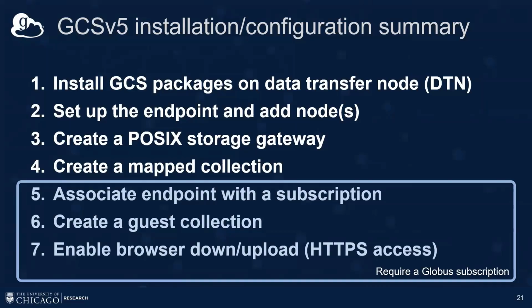If you have a subscription, you can associate the endpoint with the subscription to unlock premium features. You can enable additional connectors. You can then create or allow creation of guest collections. You can enable browser upload and downloads. All of those features are subscription related.